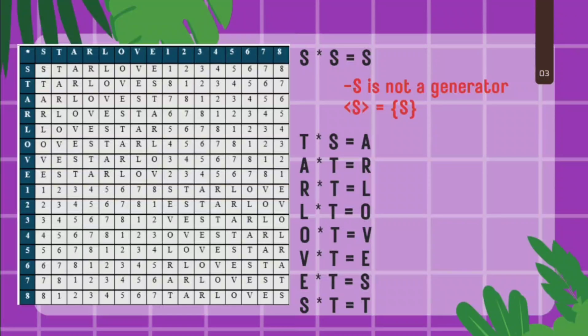So the elements generated by T are the elements A, R, L, O, V, E, S, and T. Therefore, T is not a generator.